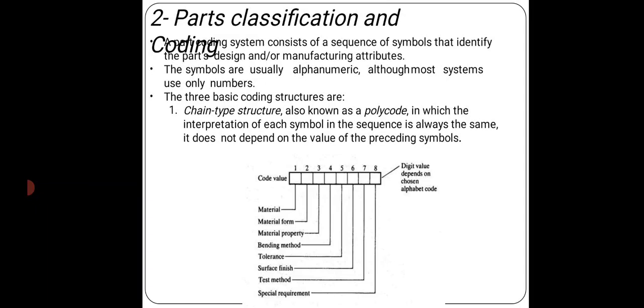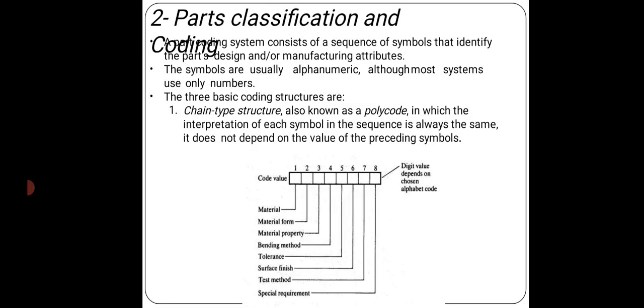There are three basic coding structures. First one, chain type structure, also known as polycode, in which the interpretation of each symbol in the sequence is always the same. It does not depend on the value of the preceding symbols. That means if you see this code, the first symbol expresses the material type. The second expresses material form.